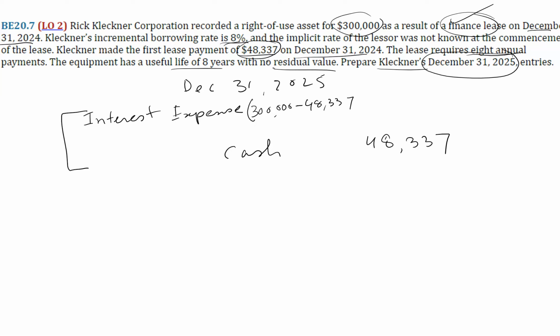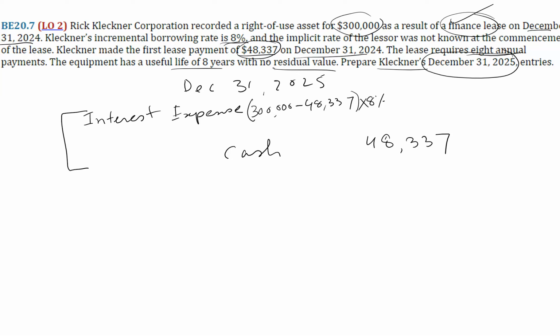Then you take this remainder and take 8% interest. So that will be the interest rate. If you calculate it, 300,000 minus 48,337 multiplied by 0.08, you will see your interest expense.